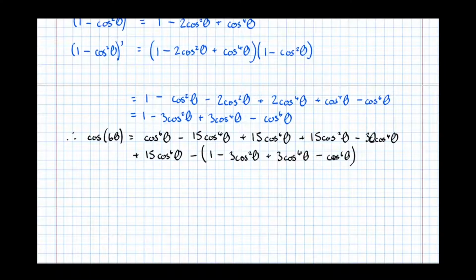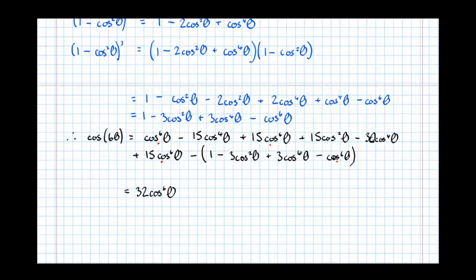So we've got all the cos to the 6 thetas. So we've got 1, 16, 31, then double minus 1 is 32 cos to the power of 6 theta. So let's just put a little mark under those, the ones that we've used, just to keep track.